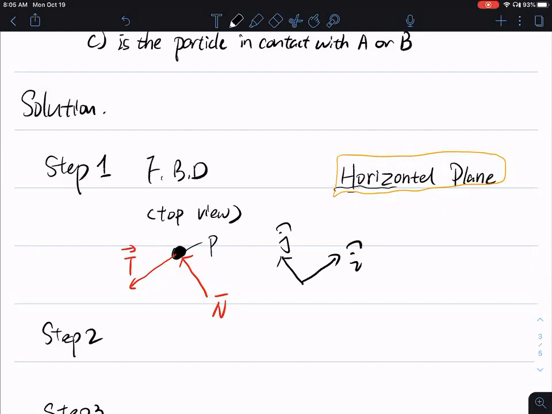why do I draw my normal force going up instead of going in the opposite direction? Can I draw my normal force pointing in a different direction? What I mean is, can I draw my free body diagram like this?